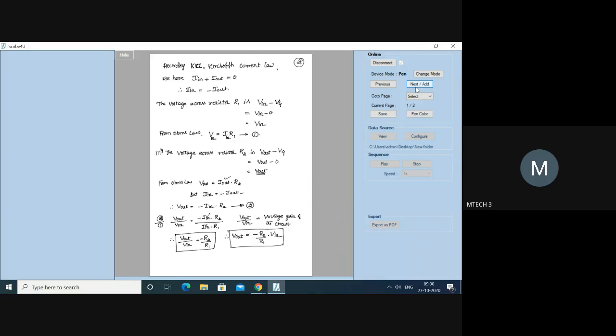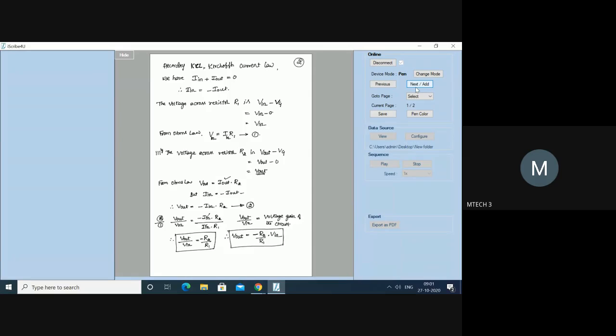The negative sign indicates that the output is inverted, out of phase. In an inverting amplifier, the polarity reverses. How many degrees out of phase? 180 degrees out of phase with respect to the input. That is the indication of the negative sign.